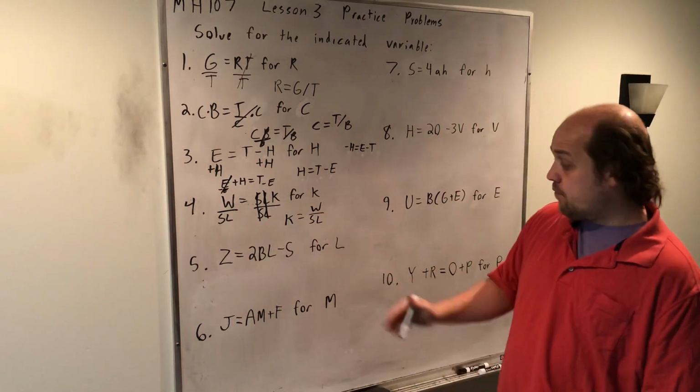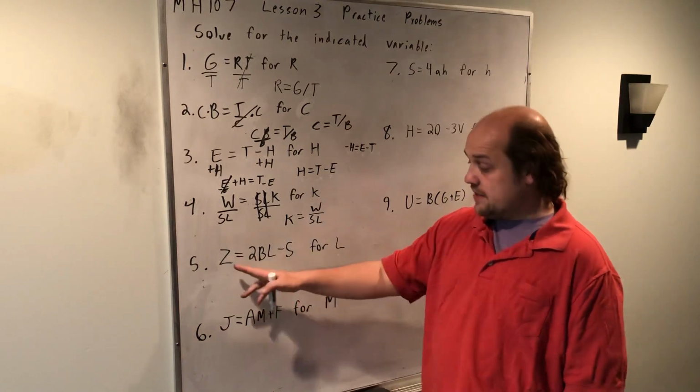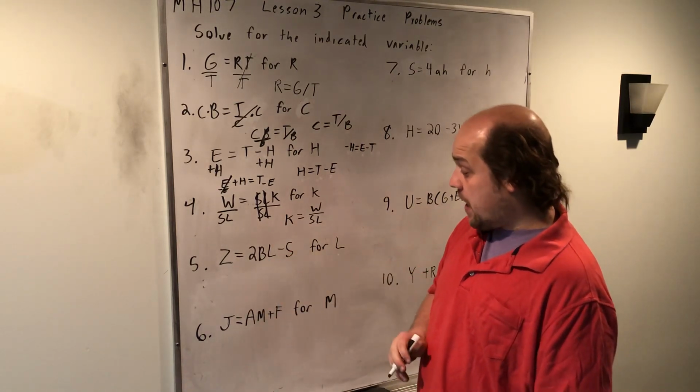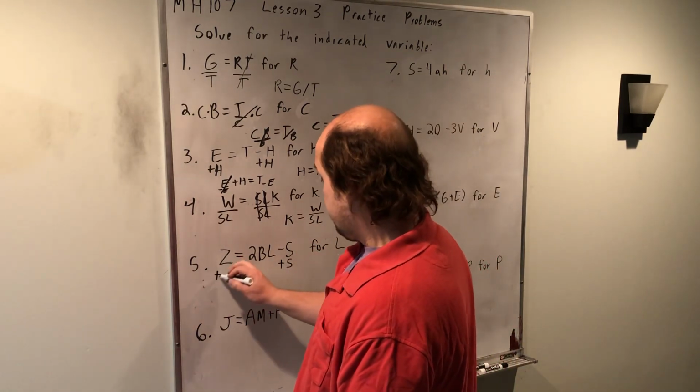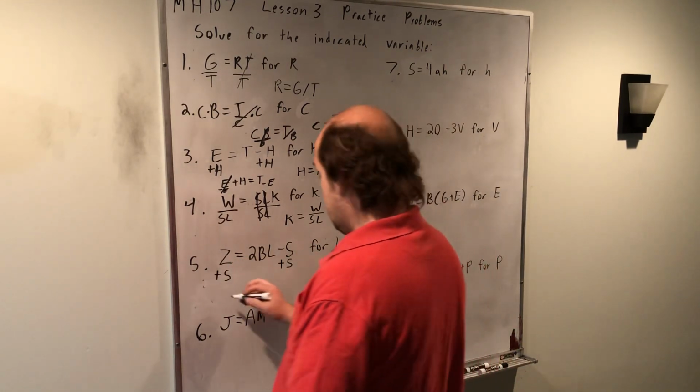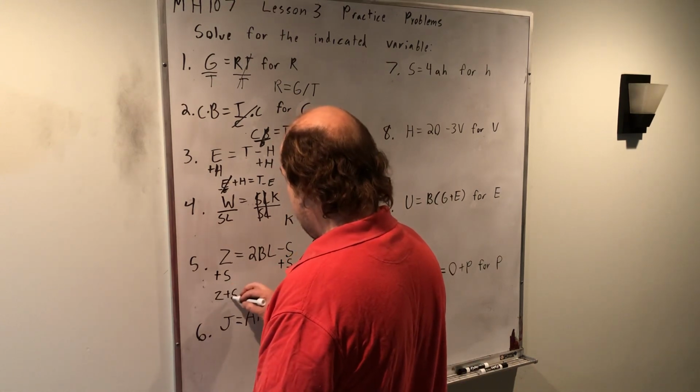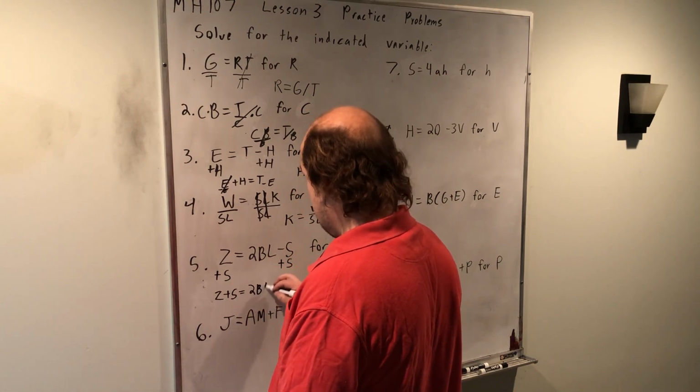In problem 5, we're asked to solve for L in the equation z equals 2bl minus 5. I'm going to start by moving this 5, plus 5, plus 5. That gives me z plus 5 equals 2bl.